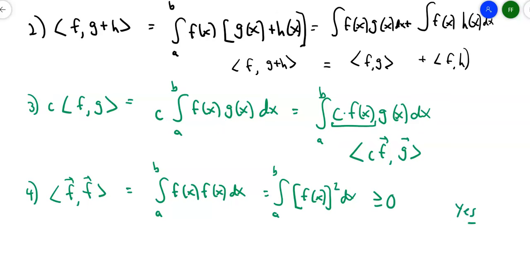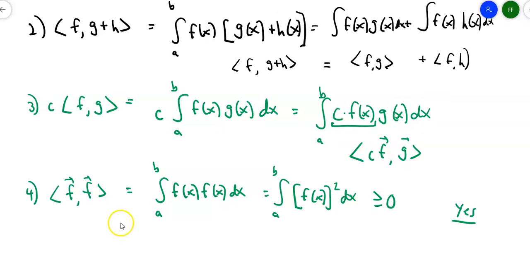So it meets all four criteria. If you're squaring something, then it's at or above the x-axis. What's the area between that and the function? It has to be greater than 0 unless you're at the point where it's just a horizontal line, y equals 0, and then it's equal to 0. But either way, it's not negative.